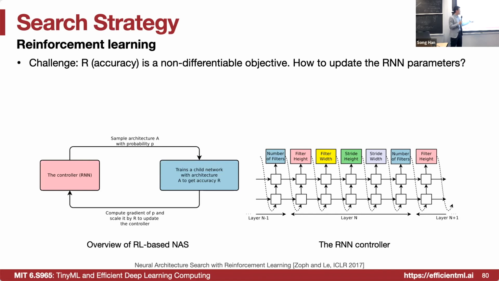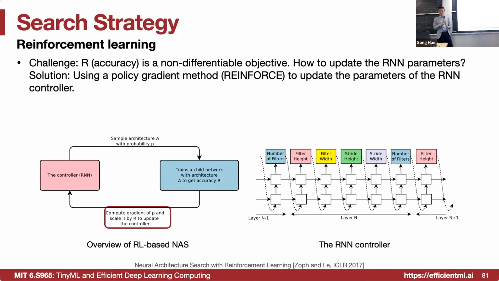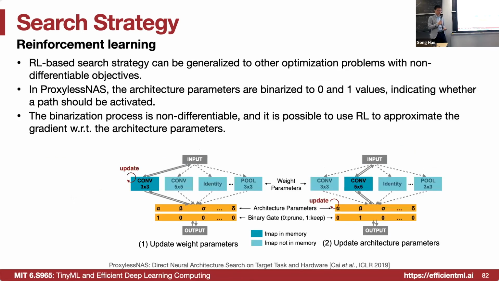And then it used policy gradient to calculate the gradient with respect to P and scale it by R, the reward, to update the controller. So it uses this classic REINFORCE algorithm to turn this P into something that is differentiable.